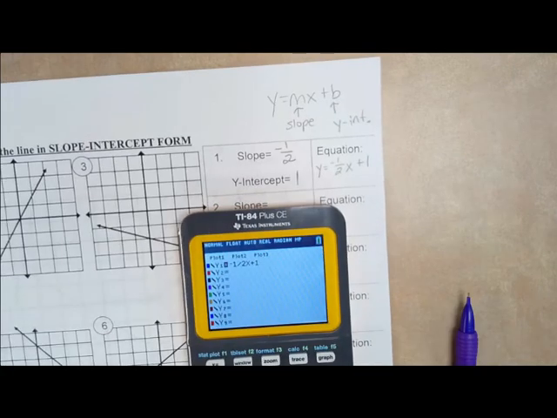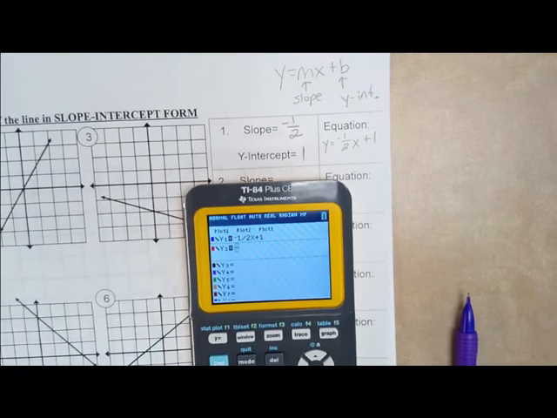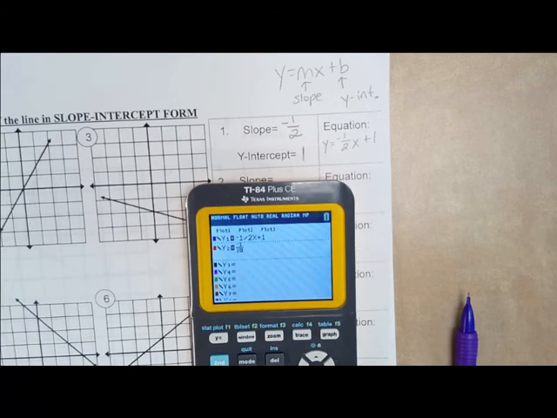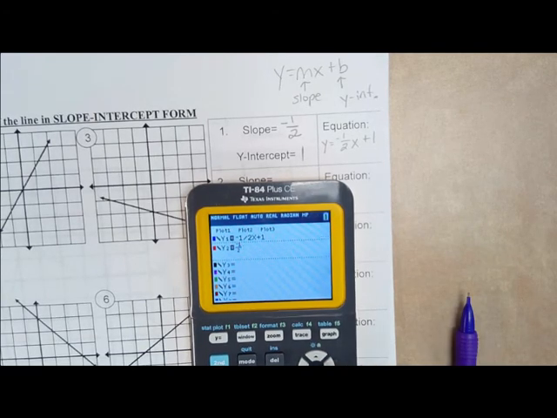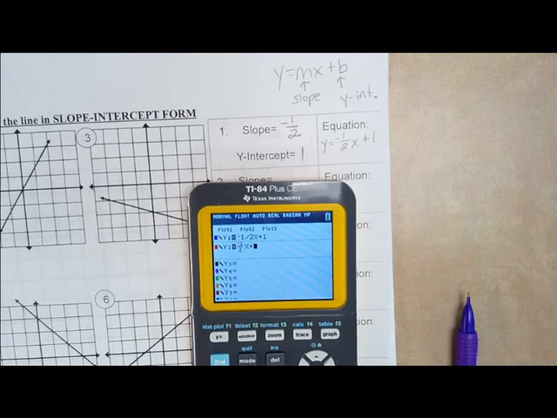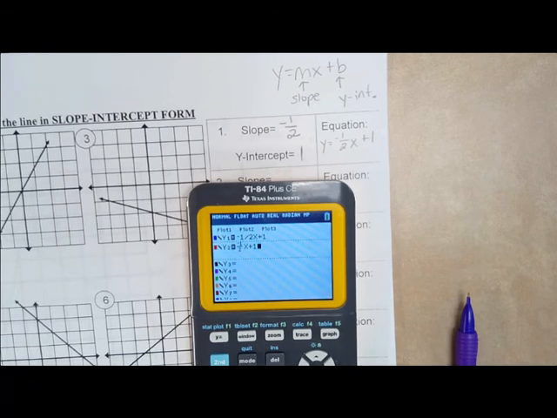You could write it like that, or we can do it with the fraction. Alpha y equals, and it's the first one, numerator over denominator, put negative 1 over 2x plus 1. Either way is correct.